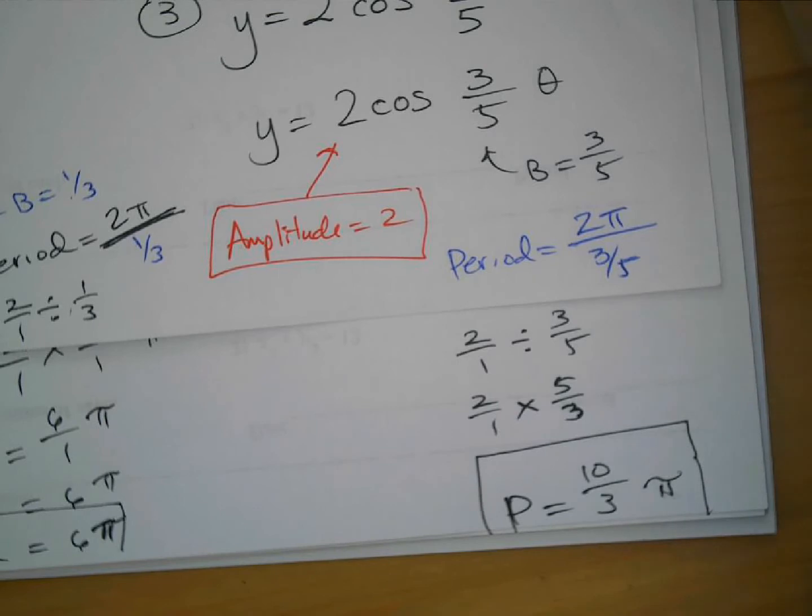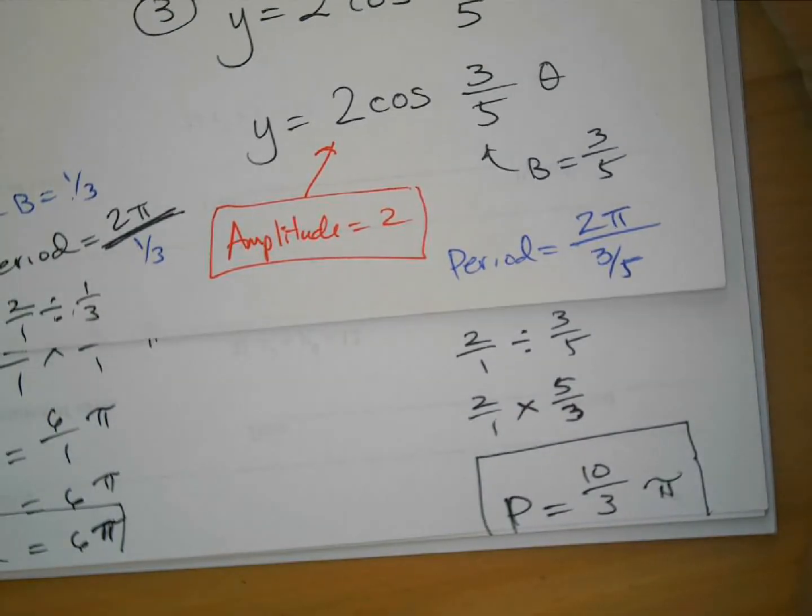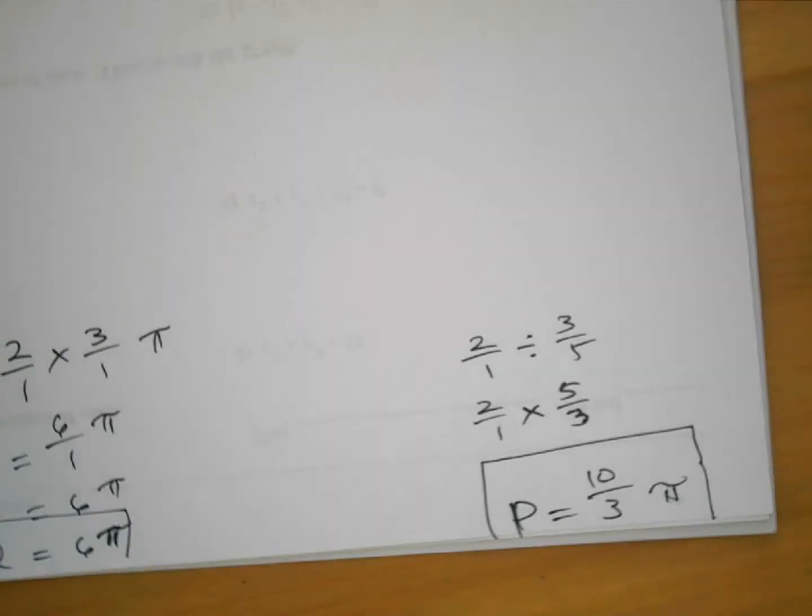Okay, last one. And again, I'm giving you enough examples because I don't want to just give you the easy ones, and when you do your assignment, it's all the hard ones. Here we go. Number 4.